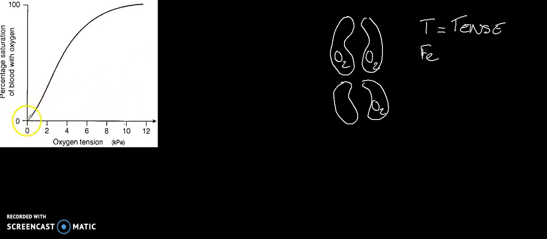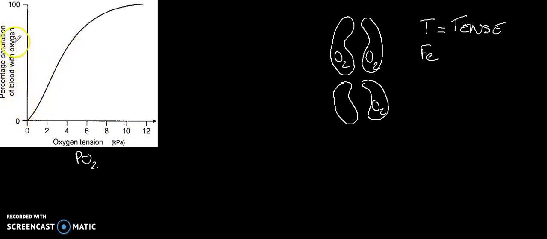When you're starting to load hemoglobin down the bottom here, it's in its tense structure. Then as you start to add oxygen onto it, in other words, as you become progressively more saturated with oxygen, the curve starts to get steeper, which means a very little change in the partial pressure of oxygen will make a very large change in the saturation of your blood with hemoglobin.